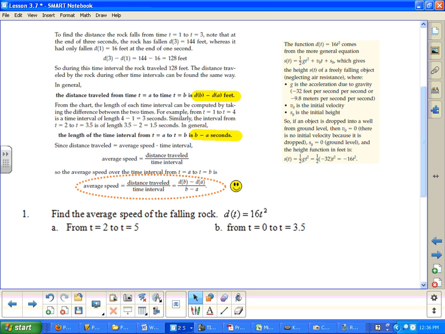Average speed is distance traveled divided by time interval, which means we'll take the distance from our second value minus the distance from the first one, over the time from the second one minus the first one. Right? Nothing new from what we use for just finding slope. Change in y over change of x, change in distance over change in time.